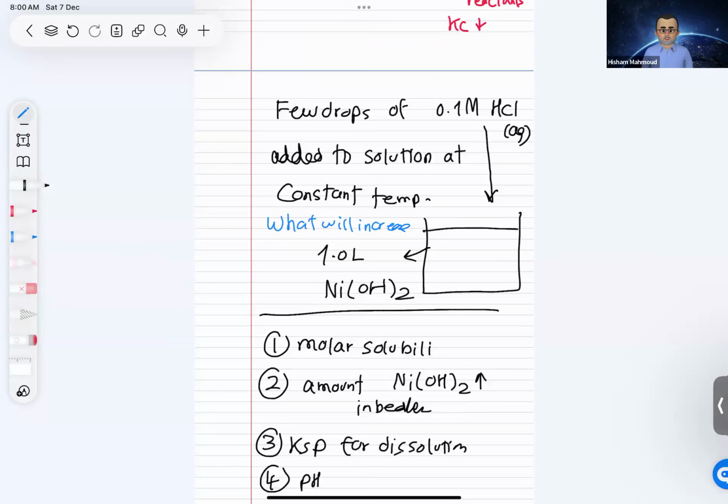So which one do you think, Miriam, is going to increase of these four? If I added a few drops only of HCl to this solution.